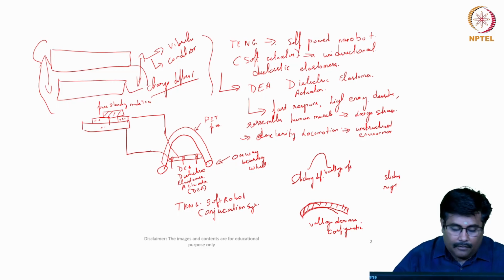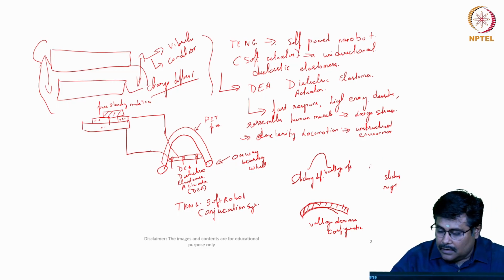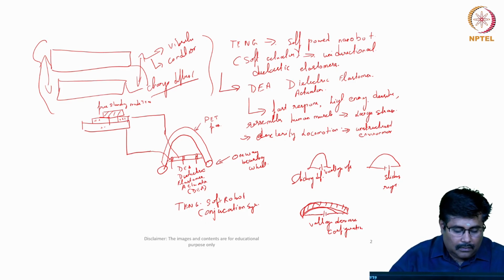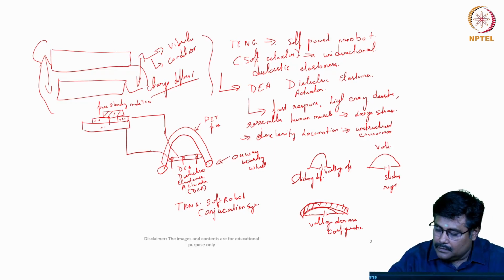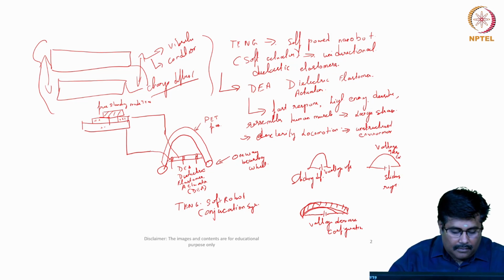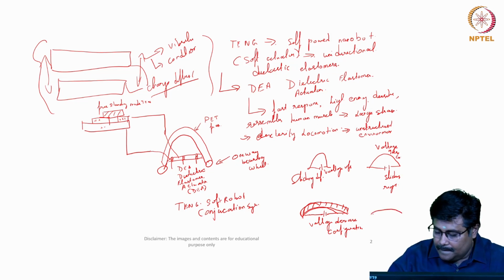Similarly, we have a voltage increase configuration. This is the dielectric medium which is available. This is the voltage increase configuration, and we have the voltage max configuration.